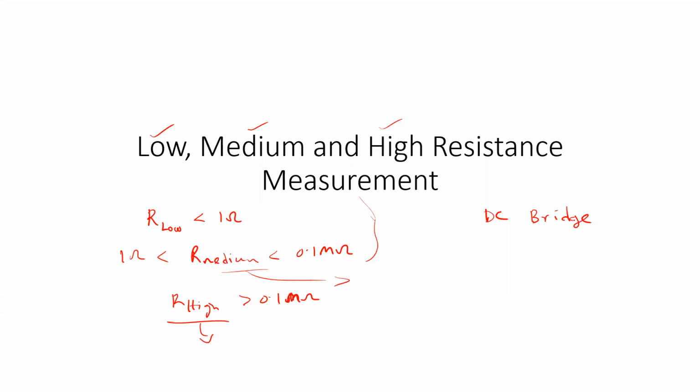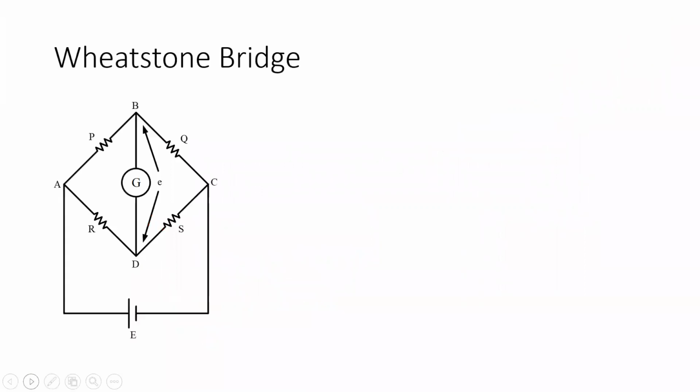And for high resistance measurement, I'm going to discuss some techniques of the direct deflection method, the mega ohm bridge method, and a device called Megger to calculate the high resistance or insulating resistance. So for today's class, we are going to start with the Wheatstone bridge.